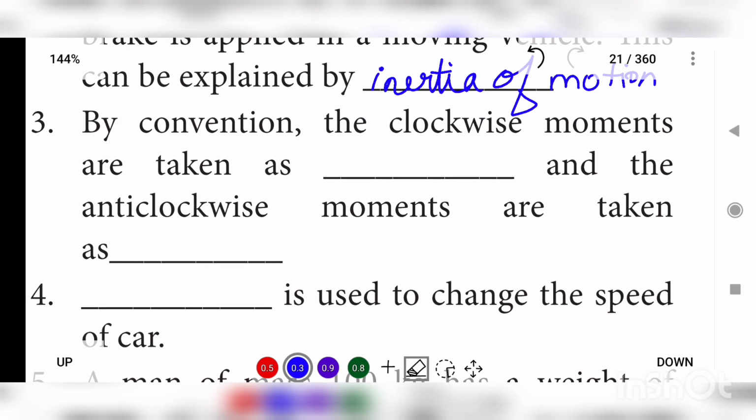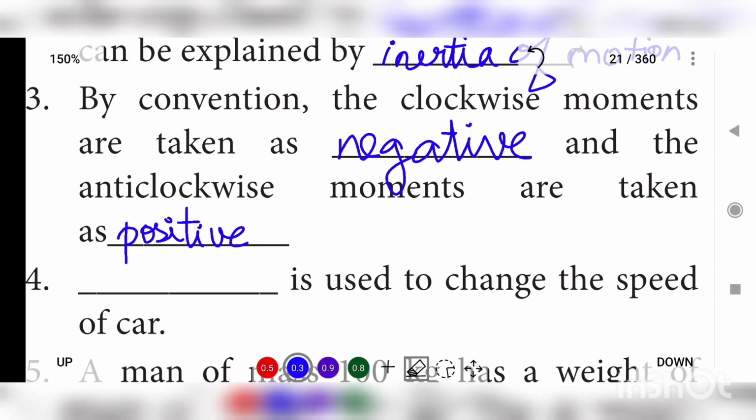Third one, by convention, the clockwise movements are taken as dash and the anti-clockwise movements are taken as dash. Answer: by convention, the clockwise movements are taken as negative and the anti-clockwise movements are taken as positive.